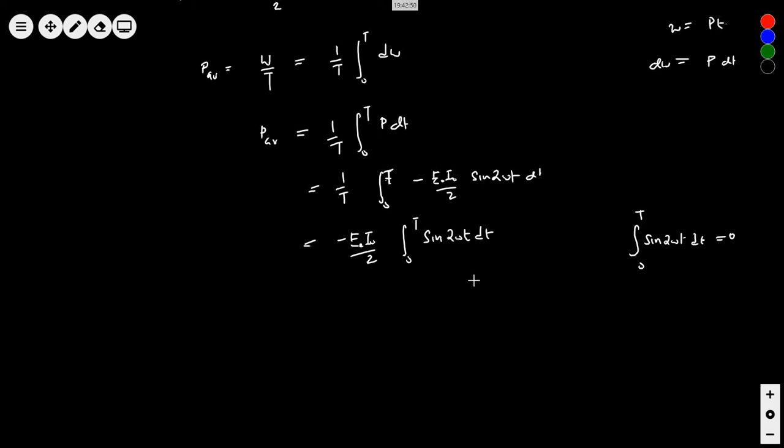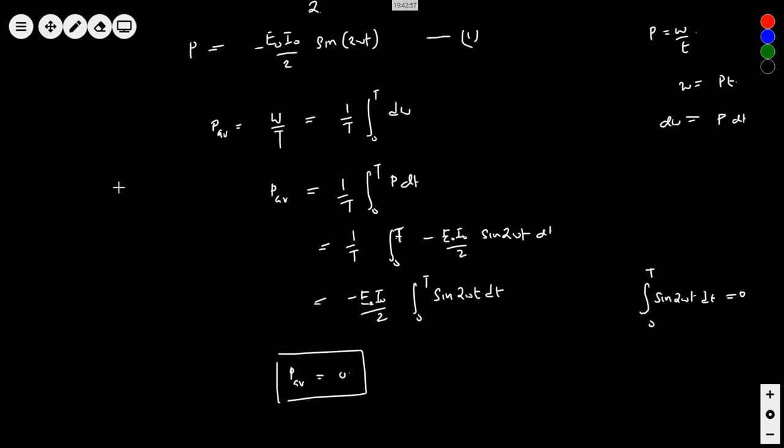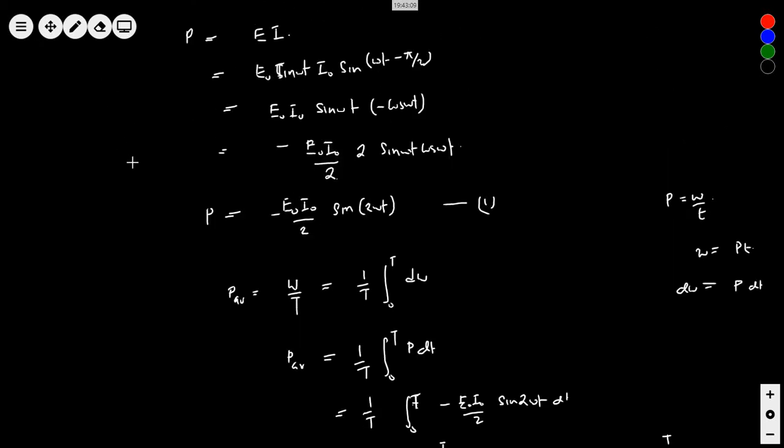If you solve this, you are going to get 0. So I can directly write here that the average power is equal to 0. This is another way of proving. So I have proved it using a common way of doing the power. This is another way of explaining that the average power over one cycle is zero. Remember the word average, okay? And the power consumed.